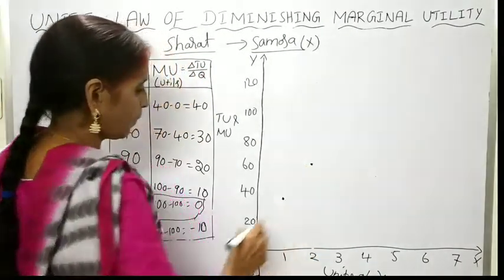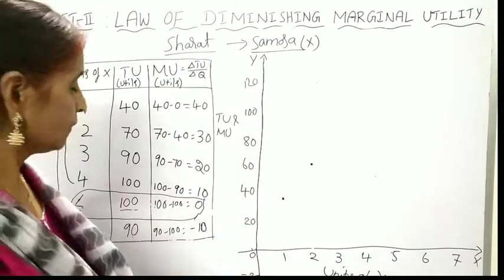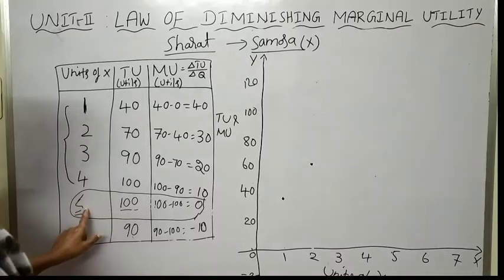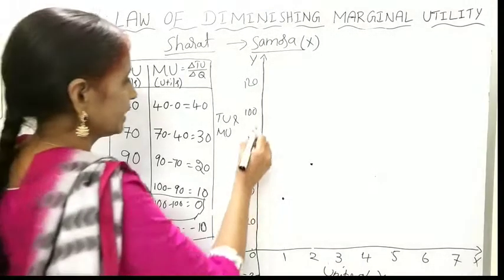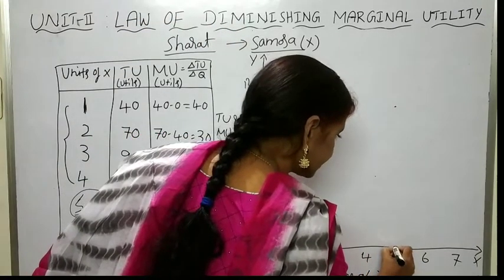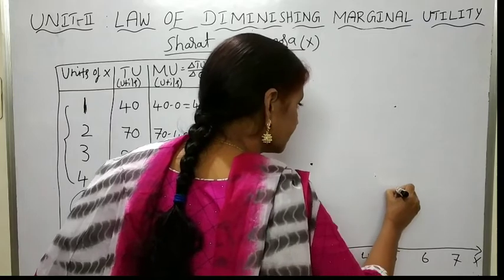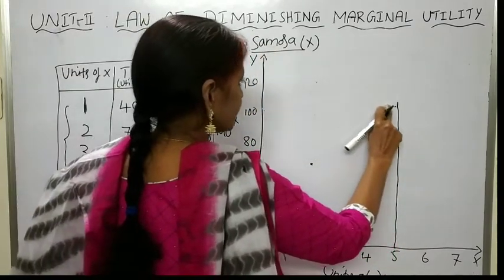You have to put a point. Children, to easily derive the total utility curve, first see that at the 5th unit the total utility will be 100. So you have to draw a straight line up to 100.